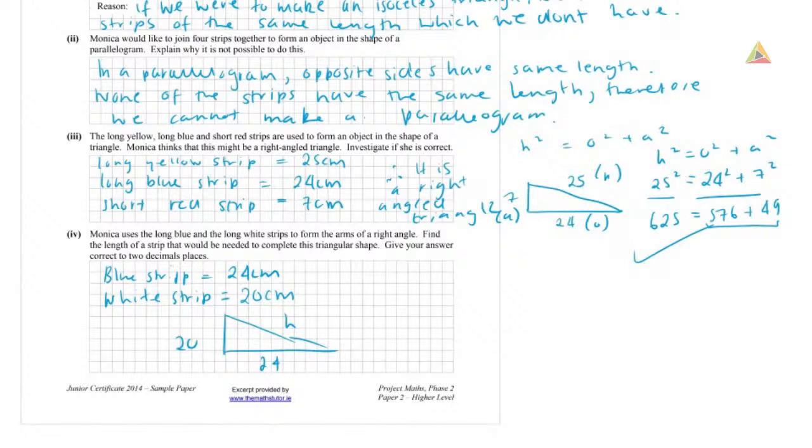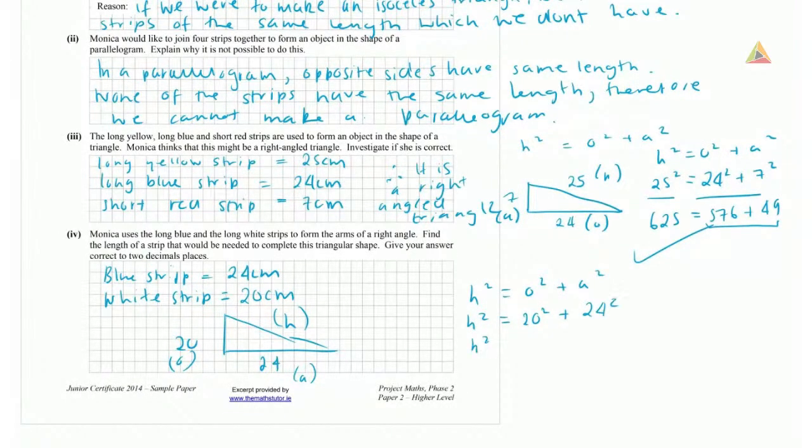Okay, so we're looking to see what h must be. So the rule is the hypotenuse squared is equal to the opposite squared plus the adjacent squared. In this case, say this is the opposite and this is the adjacent, and your hypotenuse is h. So O squared is 20 squared plus adjacent squared, which is 24 squared.